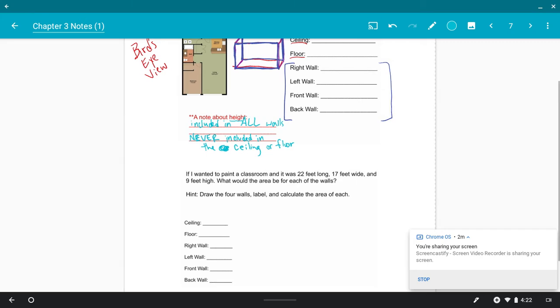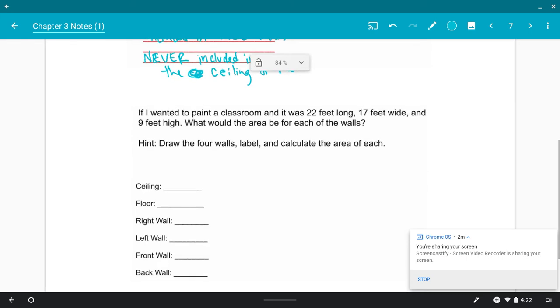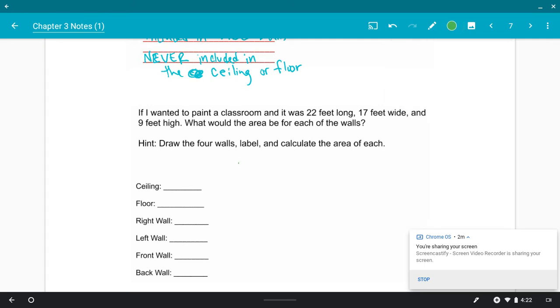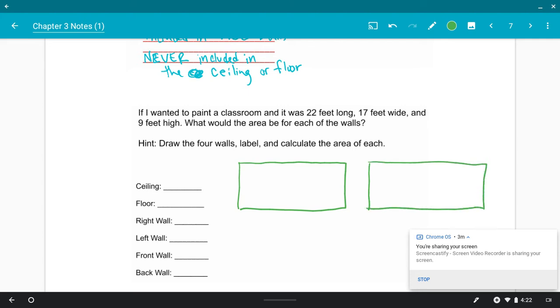So in this example, it says if you wanted to paint a classroom and it was 22 feet long, 17 feet wide, and 9 feet high, what would the area be for each of the walls? So if you were standing in a classroom, again, the height goes on all the walls. So we're going to say, all right, well, this wall is 9 feet high and this wall is 9 feet high.